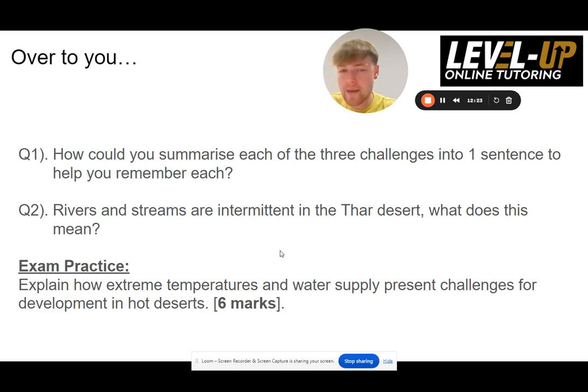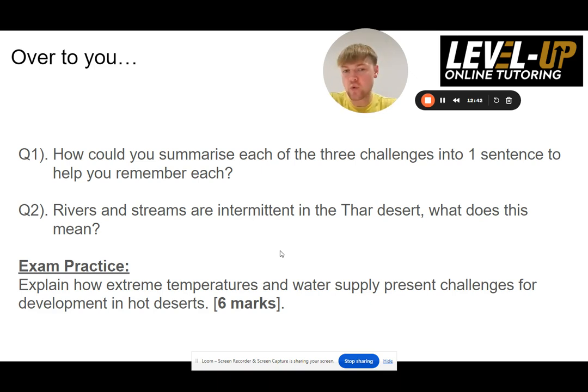We've got people working outside and earning money, but that is impacted by extremes of temperature and lack of available water. So dehydration, heat stroke and sunstroke create challenges for people.